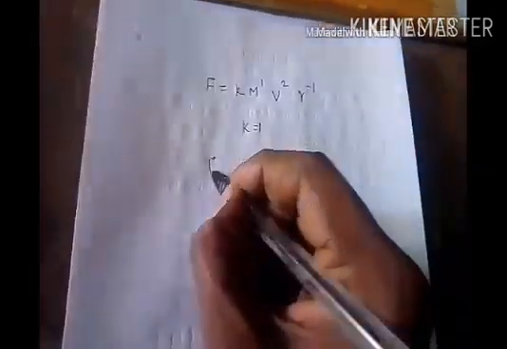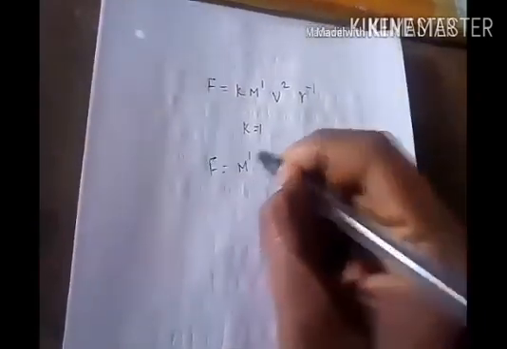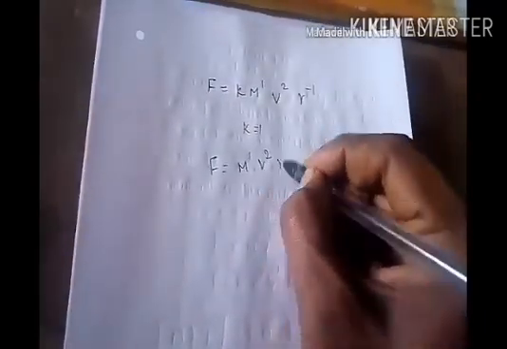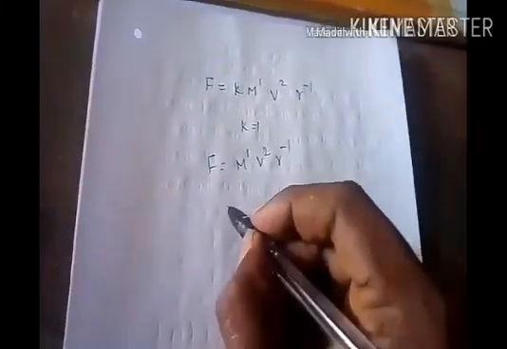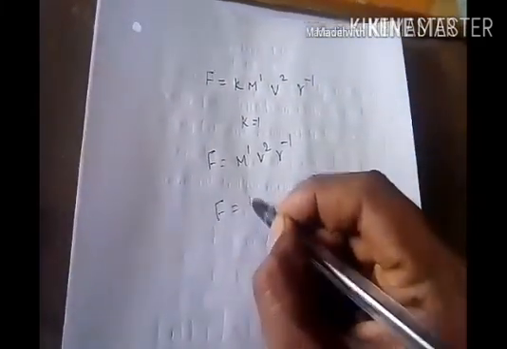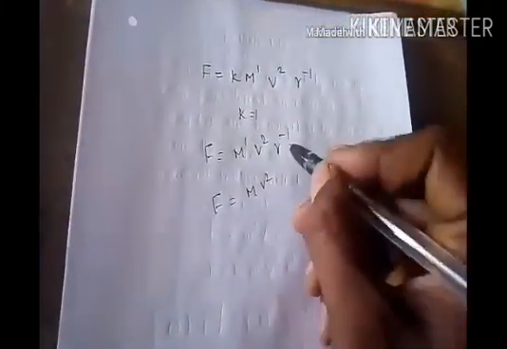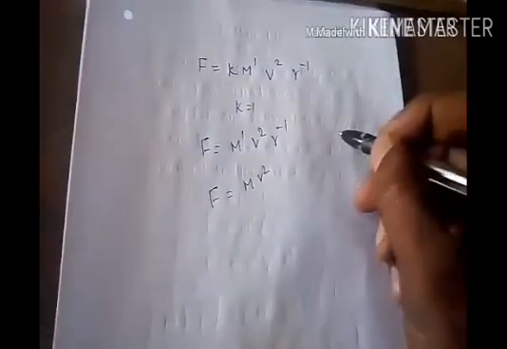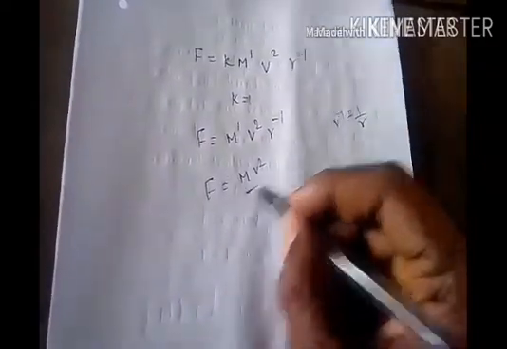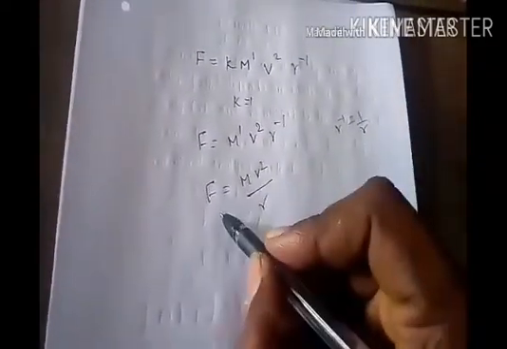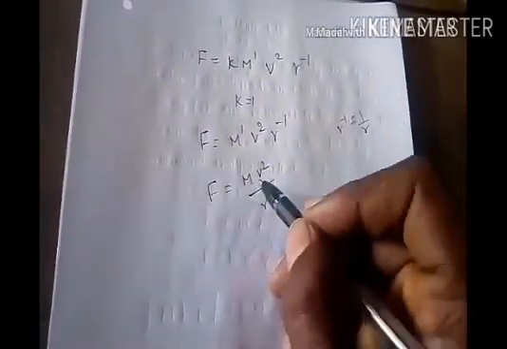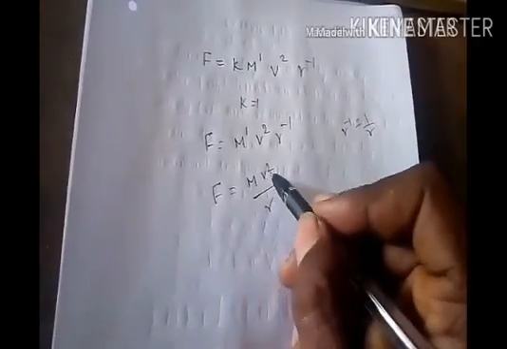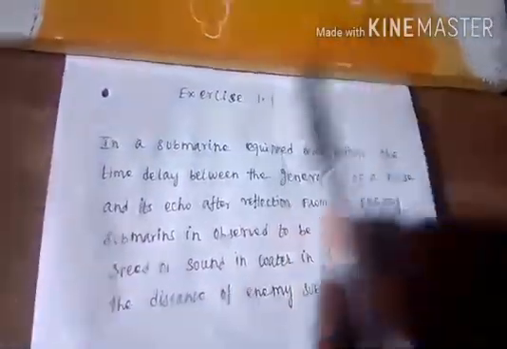So F equals m v squared r power minus 1, and r power minus 1 is nothing but 1 by r. So this is the force expression: F equals m v squared divided by r. Thank you.